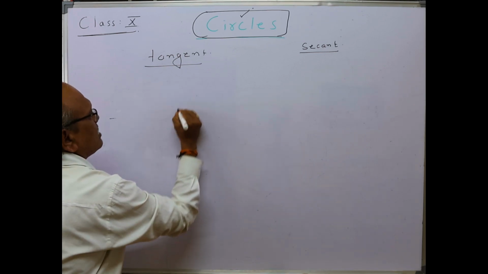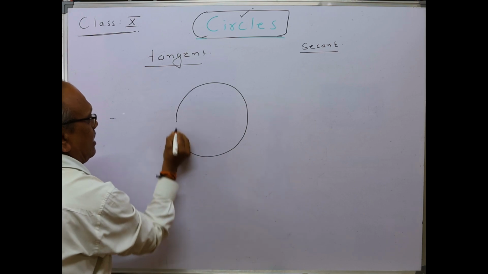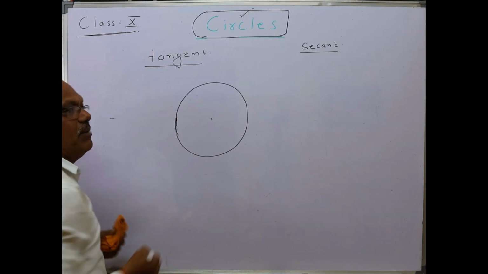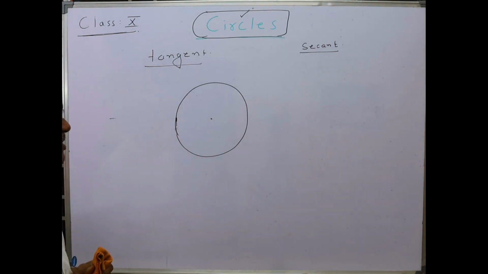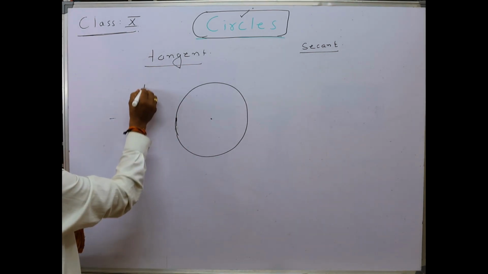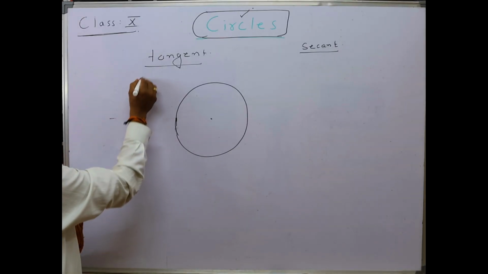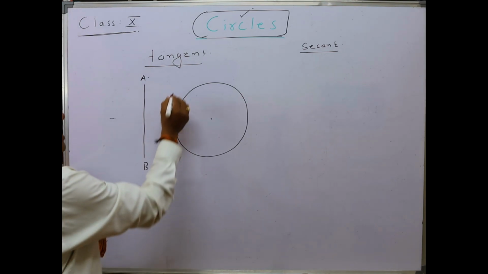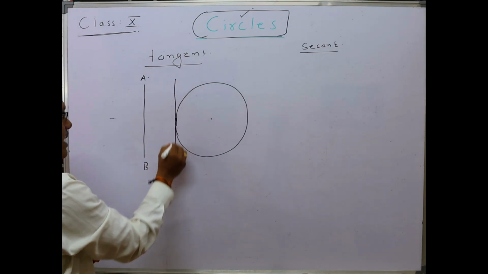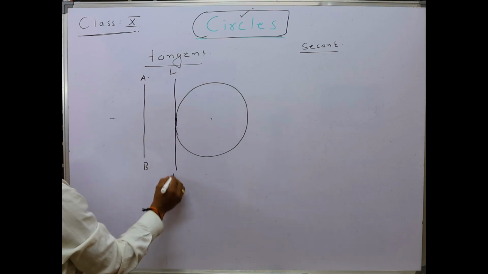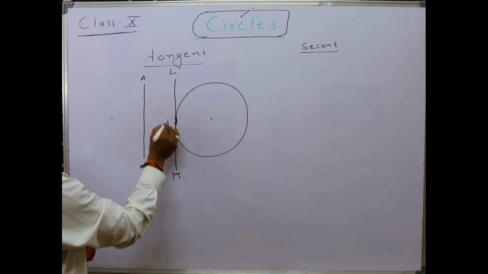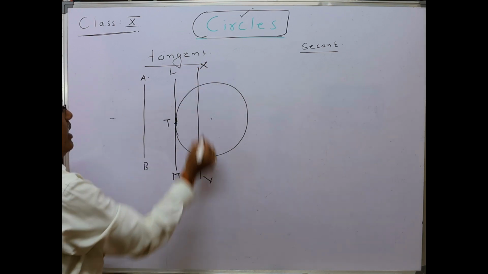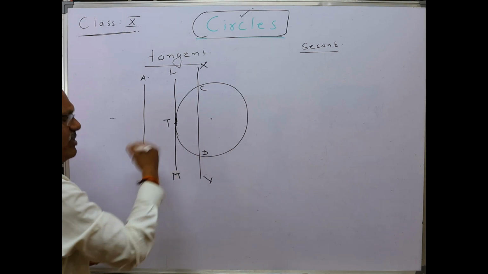Suppose that I draw a circle and a line. How a particular line and the circle can be related to each other, let us try to understand. If I draw a line here, say a line AB not at all touching the circle, and if I draw another line here, say LM meeting the circle at T, and if I draw another line here, say XY cutting the circle at C and D, what is the difference you are getting?